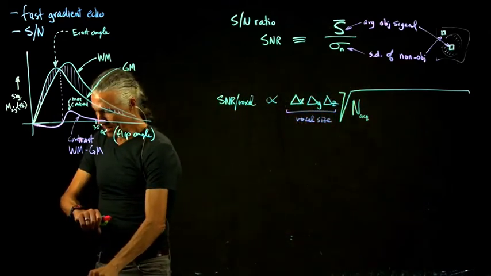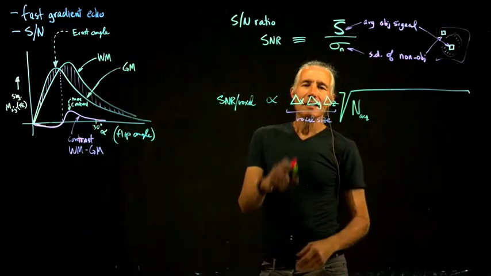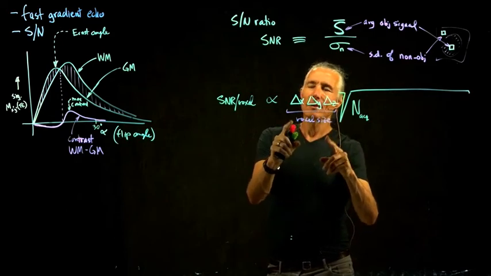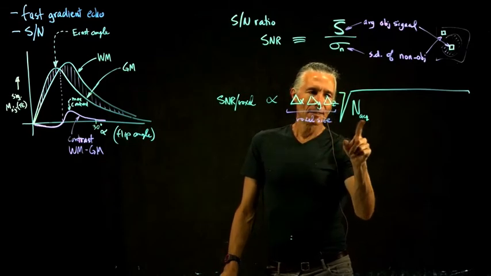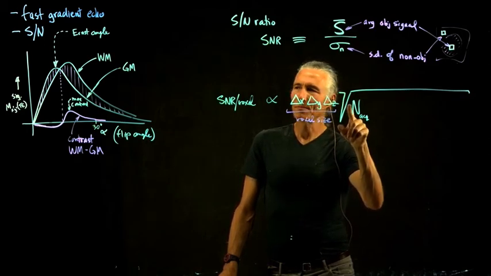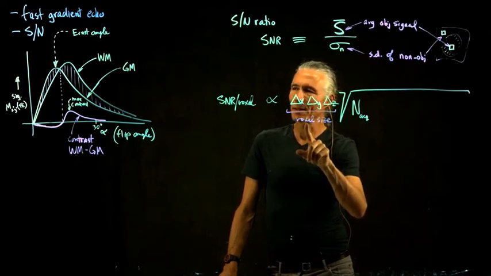So if we halved our signal to noise, we couldn't make up for that by just doing 2 scans, because this is under the square root sign. We'd have to do 4 scans, because the square root of 4 is 2, and that would make up for our smaller voxel size.